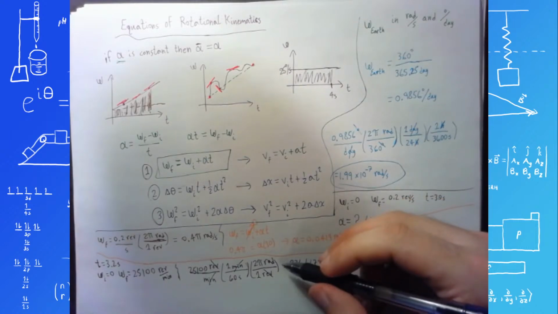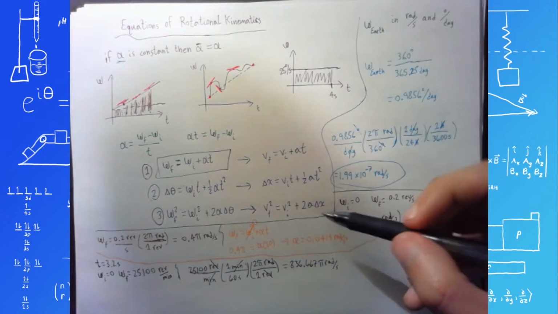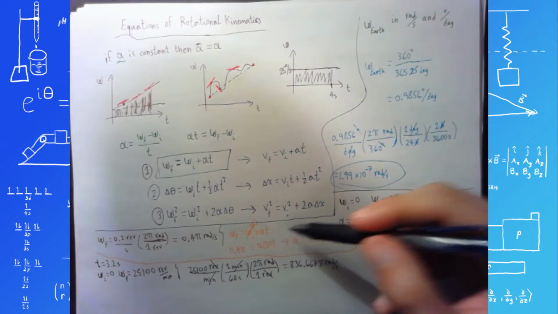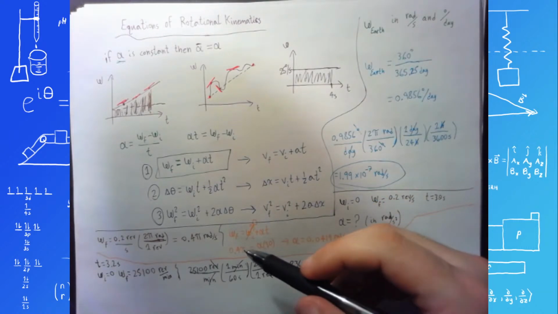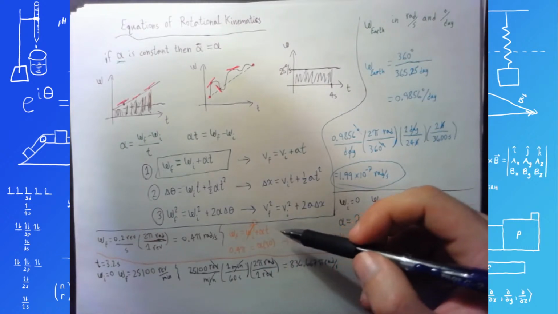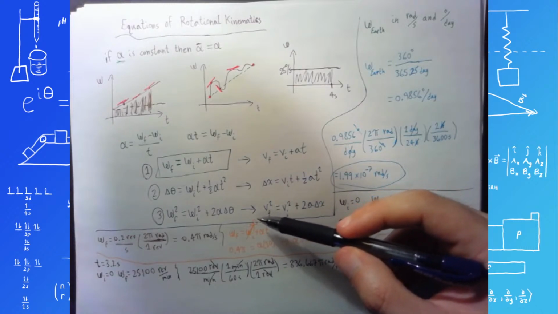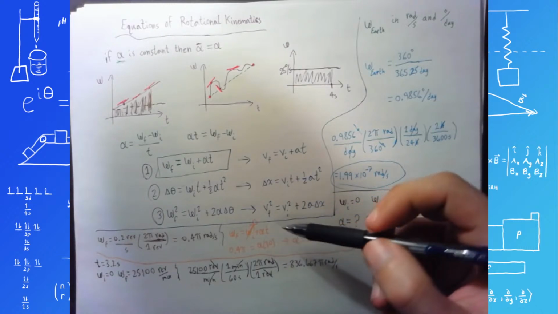So that gives me omega final in radians per second, and then to get the angular acceleration, we follow pretty much the same steps we did in the previous problem. Omega final equals omega initial plus alpha times t. Omega initial is 0, just as it was in the previous problem, so just divide by t.